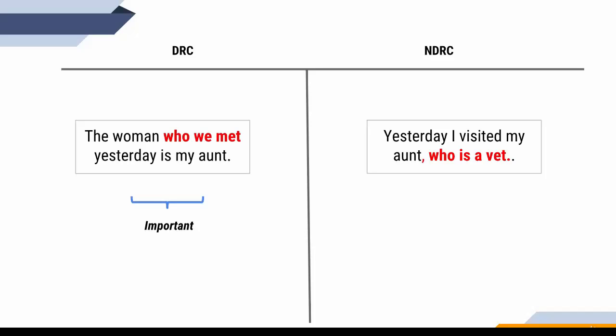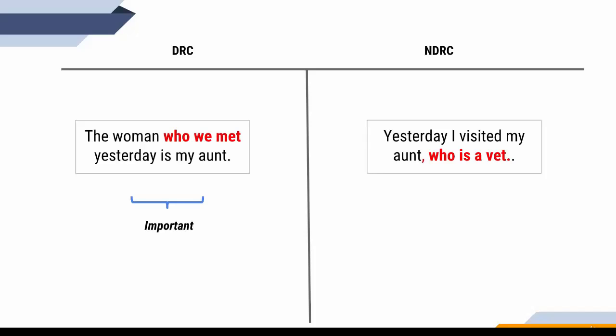Well, because when you don't put commas, you say that the information is important. This information is important for the understanding of the sentence. The woman who we met yesterday is my aunt. If you skip this part of the sentence, who we met, it won't be clear.